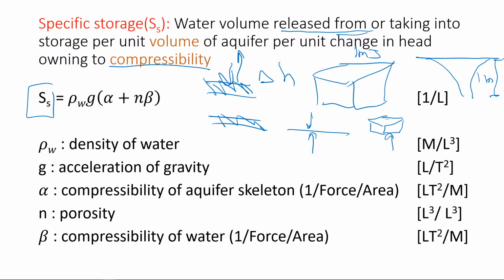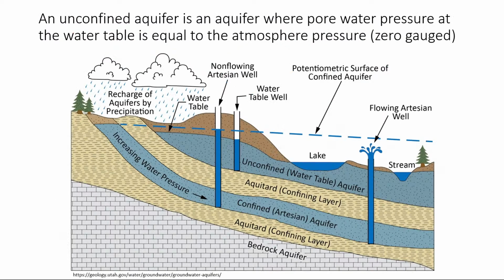So you get a cone of depression in the potentiometric surface, as we saw in the previous slide, not due to lowering the water table, but due to reduction in pressure. Let me show you this again so that you remember. Here we go.